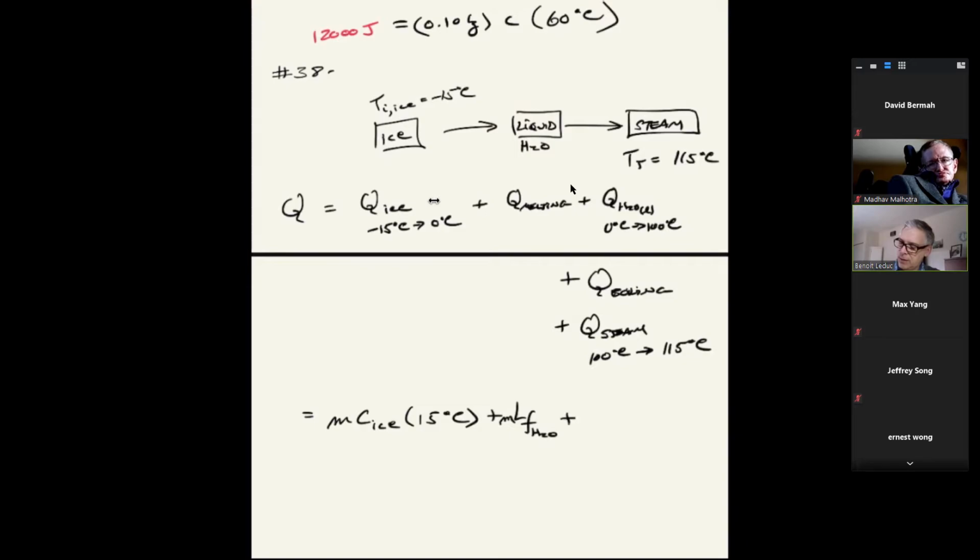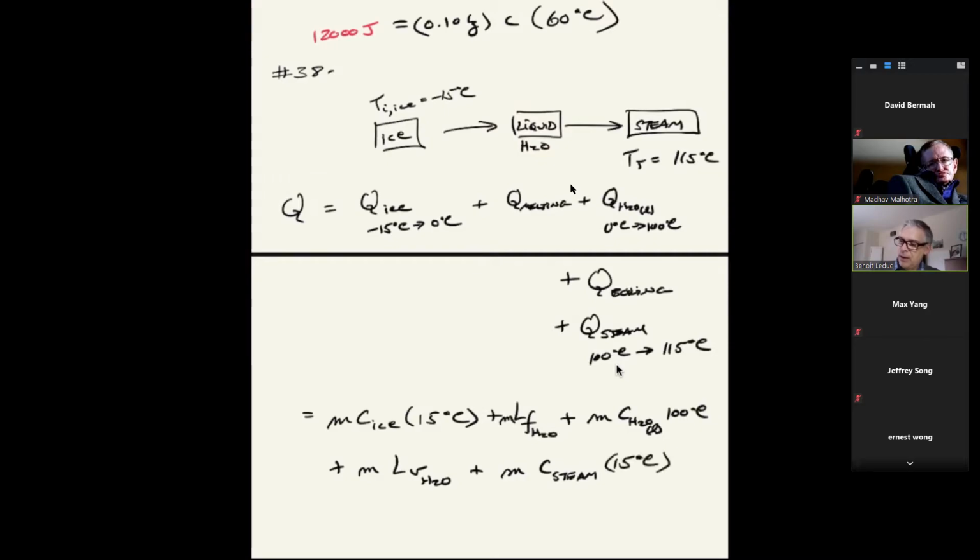Then it's the mass times the heat capacity of the liquid times 100 degrees Celsius. Then you need to put the latent heat of vaporization of H2O, which is also in the table in your book. And finally, you bring the steam from 100 degrees Celsius to 115 degrees Celsius, so an increase of 15 degrees.